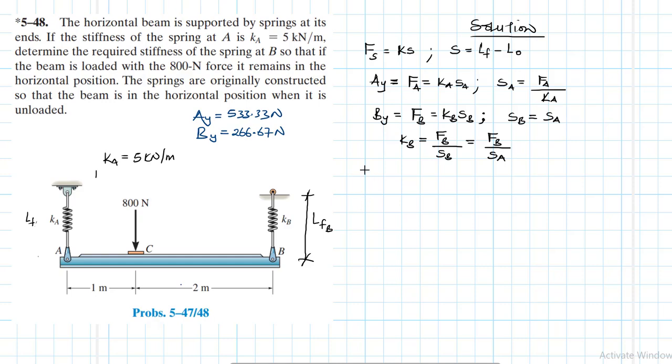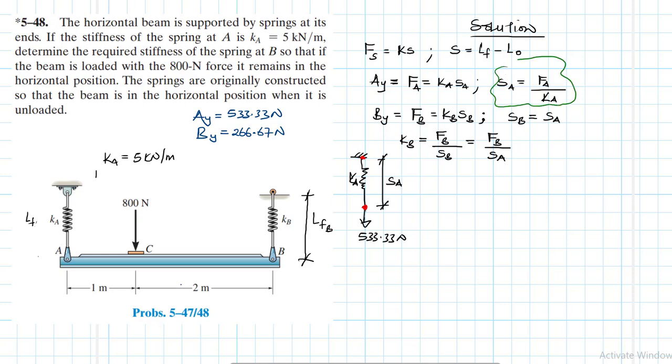So in the first case, I have spring A, with a force equal to 533.33 newtons, and I want to find the stretch, which is SA. What I need to do now is use this equation here.